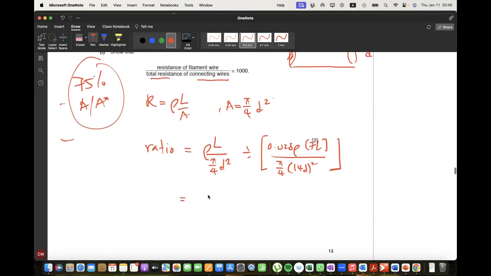After that, this 4 goes up: 4 rho L over pi d squared. You tabulate this upside down. Pi over 4, 14 squared d squared over this number.